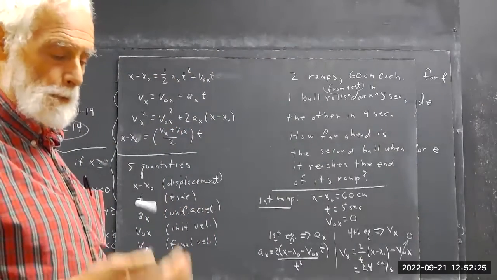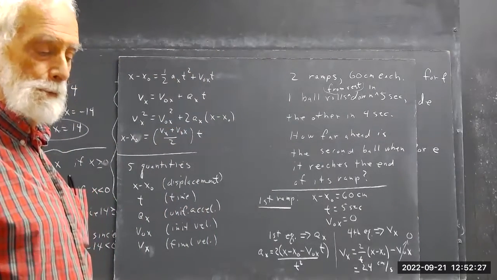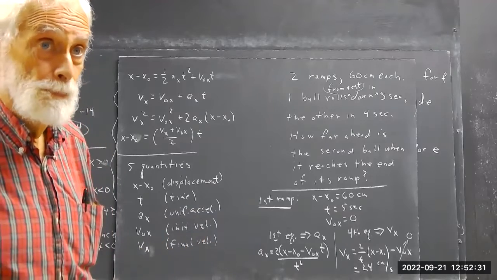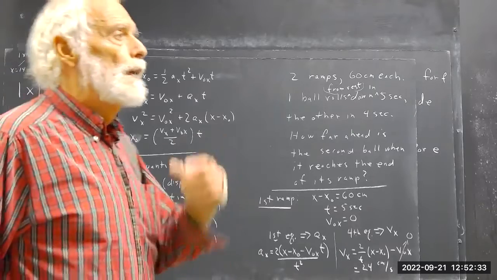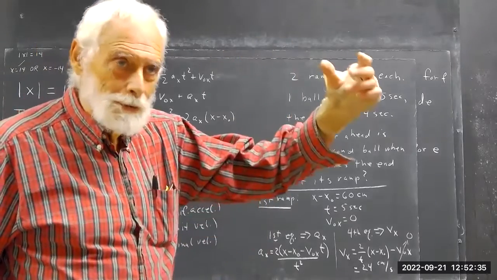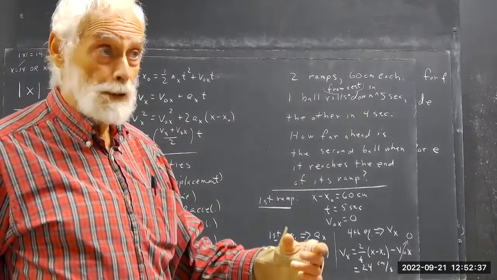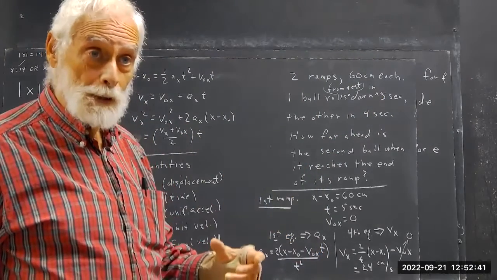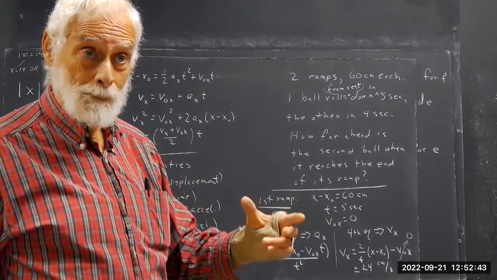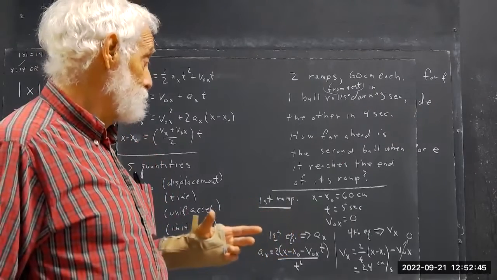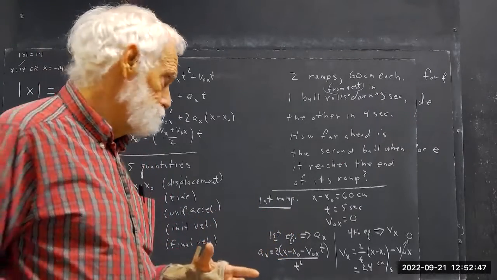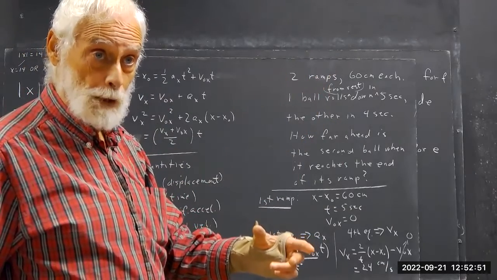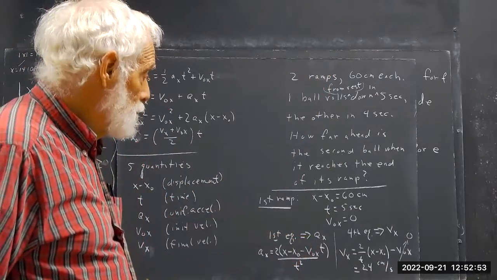Now, if you're comfortable with just using the basic relationships, that average velocity is change in position divided by time, and that acceleration, if it's uniform, is equal to the change in velocity divided by time, okay, you do this.